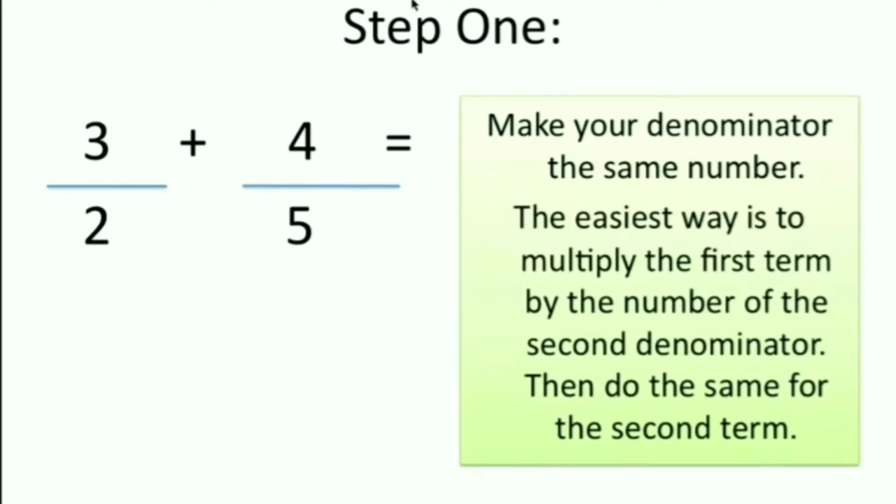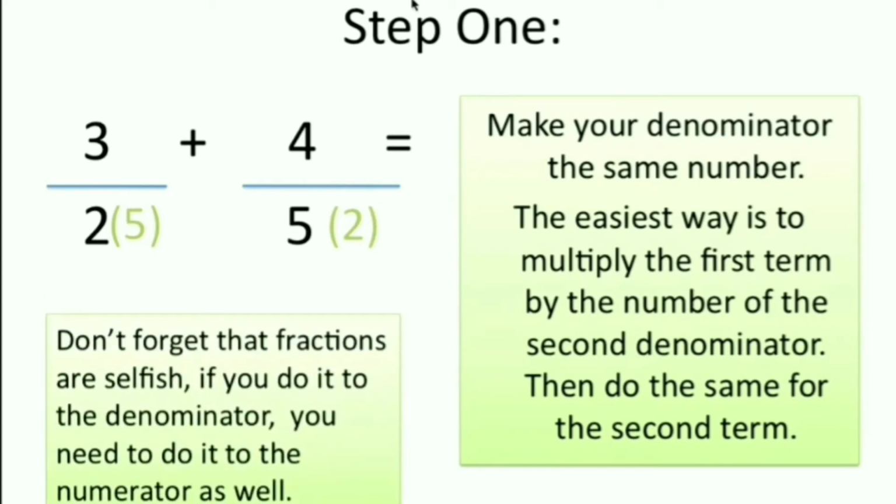The easiest way is to multiply the first term by the number of the second denominator. Then do the same for the second term. Do not forget, if you do it to the denominator, you need to do it to the numerator as well.